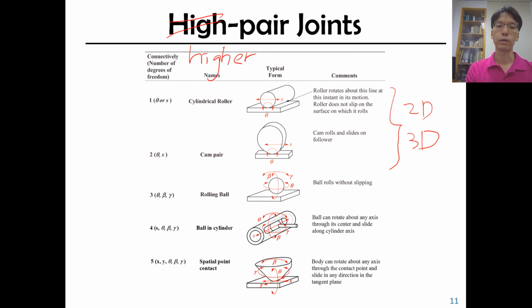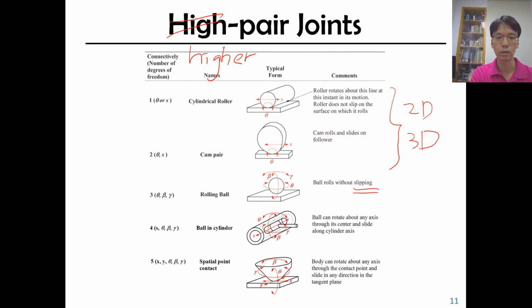The following 3 are only in 3D mechanisms. The rolling ball is very similar to the roller, but you can roll in 3 directions, and again there's no slipping. So 3 degrees of freedom for this rolling ball.